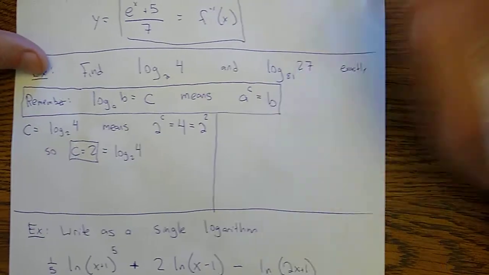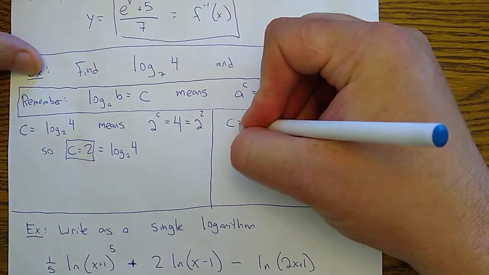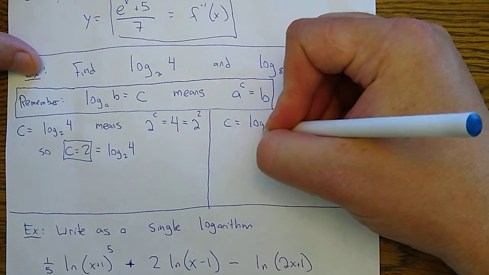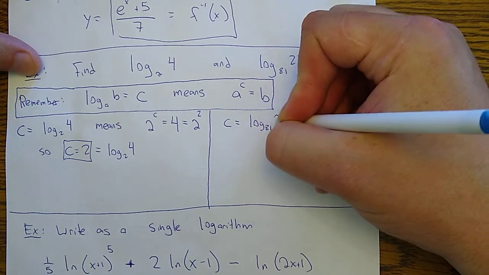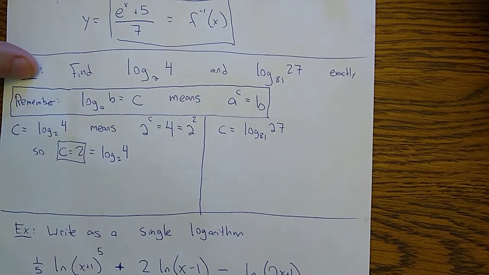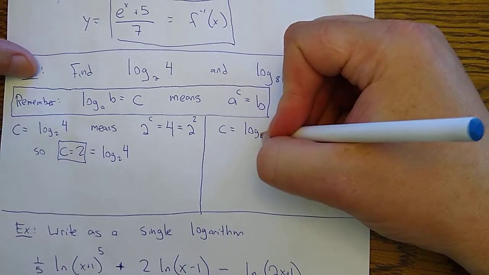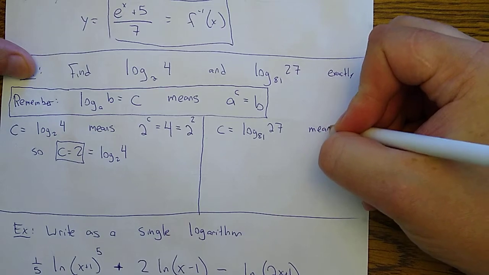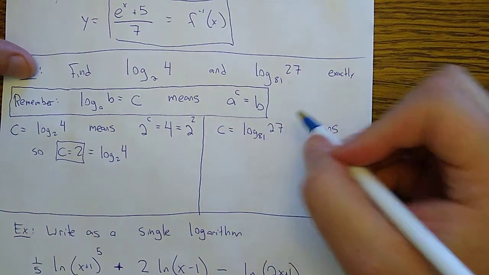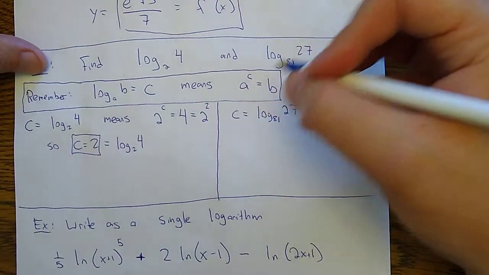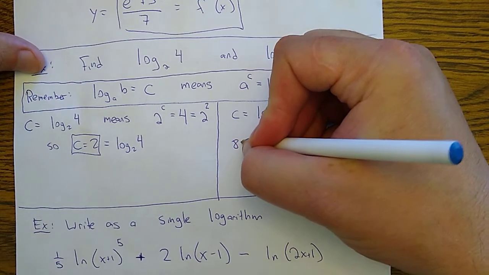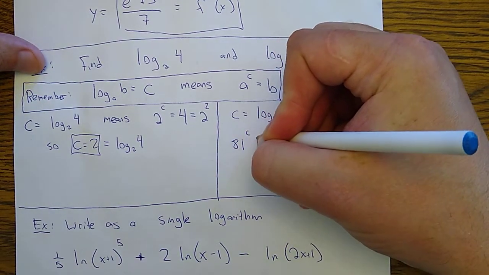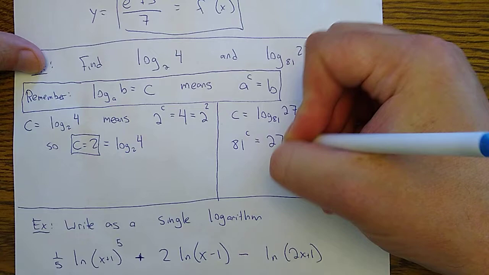So let me do the other one. Log base 81 of 27. So if that's c, then that means 81 to the c power equals 27.